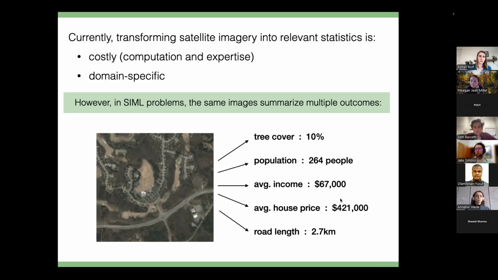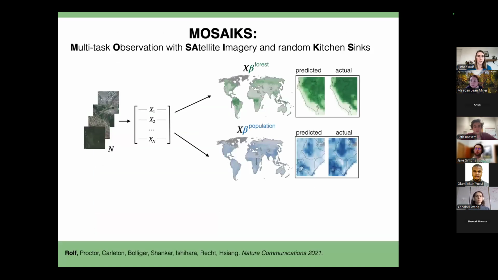So that's the motivation behind my project Mosaics, which stands for multitask observation with satellite imagery and random kitchen sinks, which is the kind of familiar name of the type of machine learning theory that drives this method.